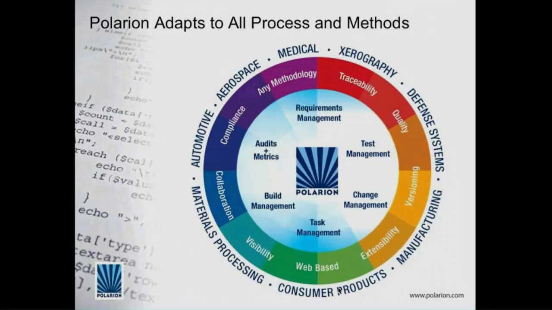The idea behind Polarian is to provide the capability to bring an integration between all the requirements and test management necessary, the ability to handle changes, to plan the tasks and programs for your ongoing development, and to do it in such a way that you maintain traceability, or connection and links, between all of these artifacts all of the time.